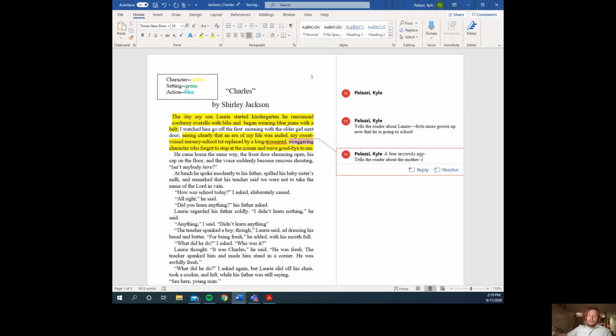And again, we're focusing on characterization. So what kind of character is this person? And what is she feeling? She's feeling sad that Laurie is growing up, or is getting older, and might not need her as much as he used to.